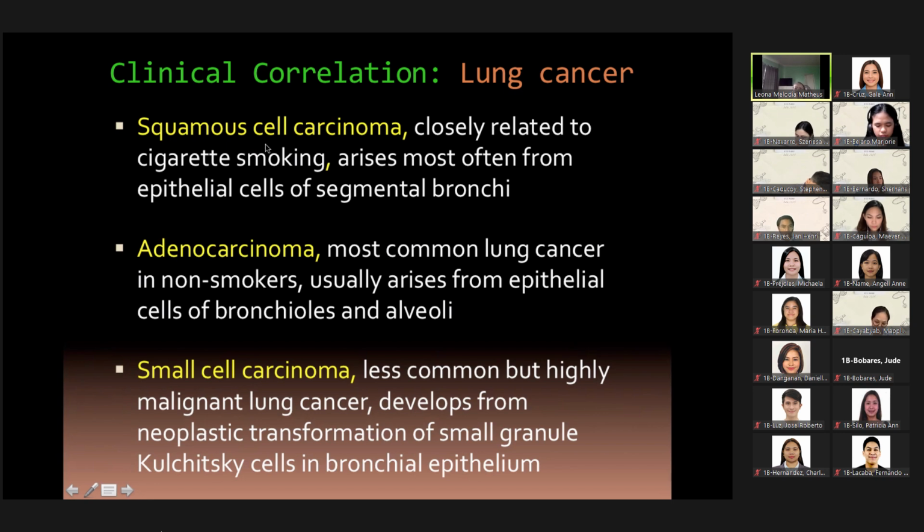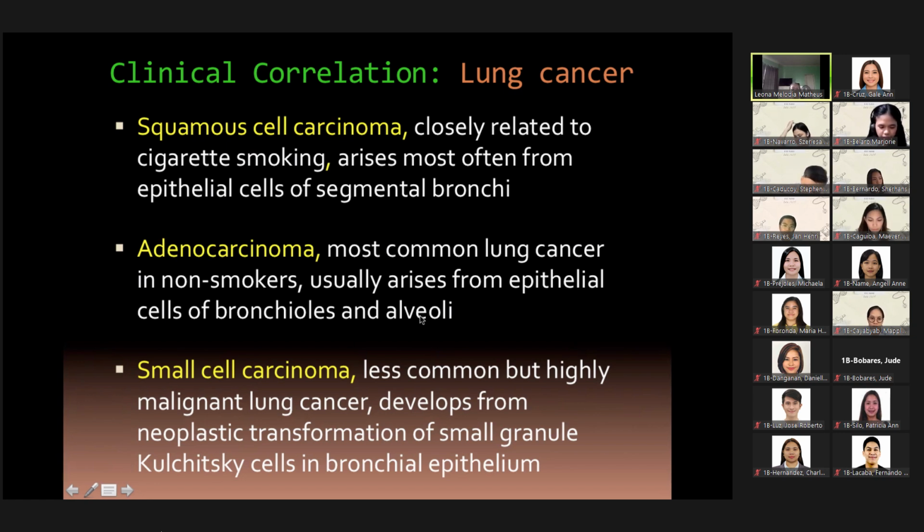The squamous cell usually arises from the epithelial cells. Now, usually epithelial cells are involved dito sa mga carcinoma na to. Epithelial cells of your segmental or tertiary bronchus. Now, please take note. But for the adenocarcinoma, it usually is from the epithelial cells of bronchioles and alveoli. So, mas maliit na ito.